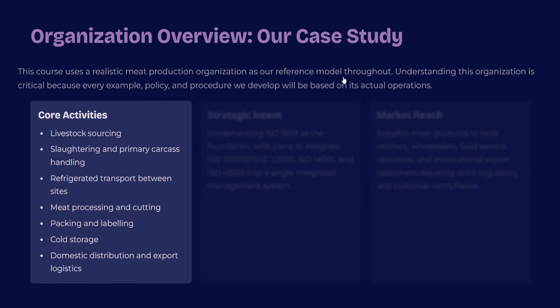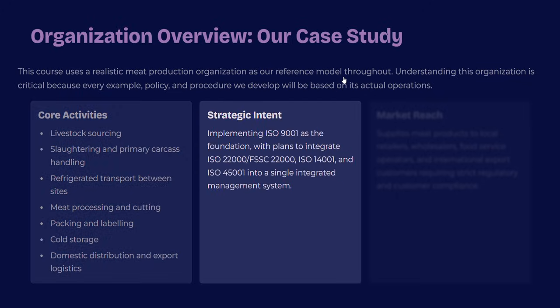The core activities include livestock sourcing, slaughtering, and primary carcass handling, refrigerated transport between sites, meat processing and cutting, packing and labeling, cold storage, and domestic distribution and export logistics.